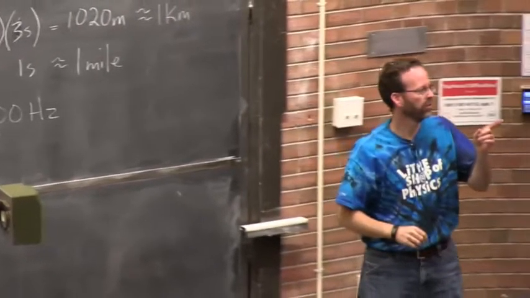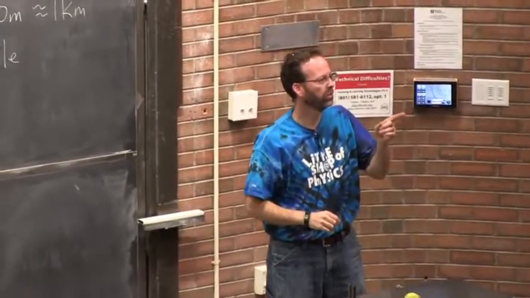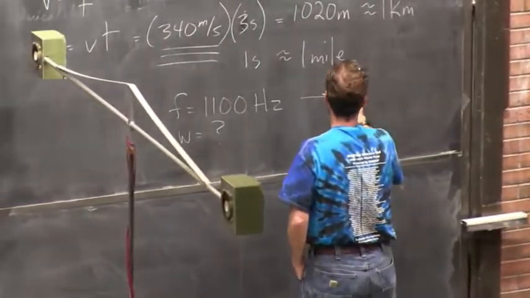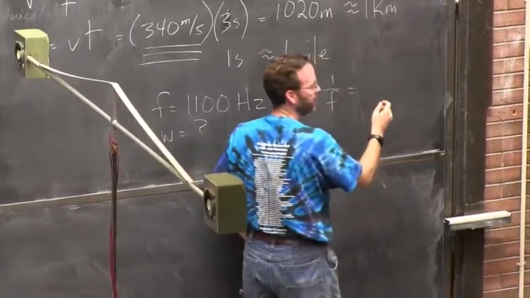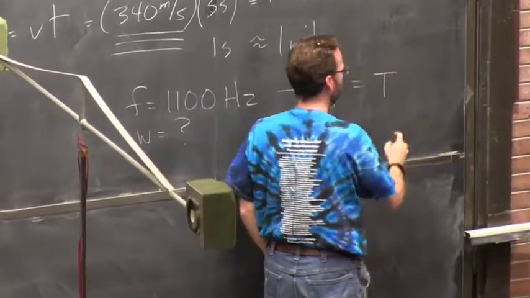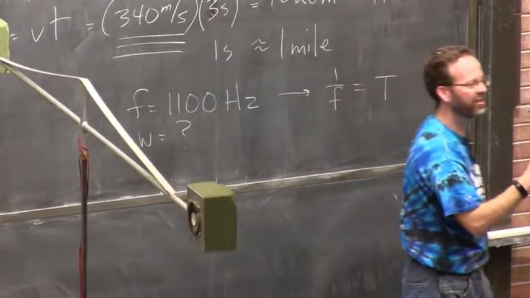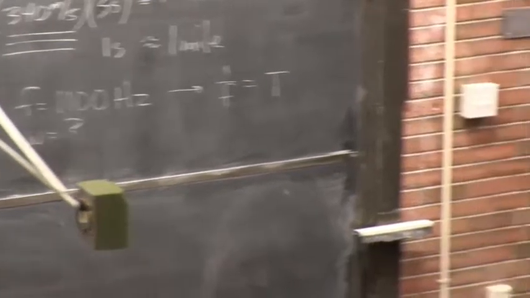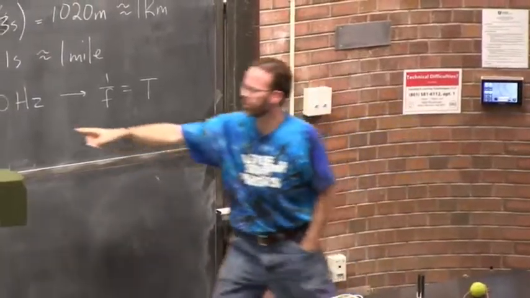What do we need to do? Divide it into 1? 1 over the frequency gives us what? The period. So that would tell us the time it takes that wave to move up and down, or in and out. This is the rate that it does it.